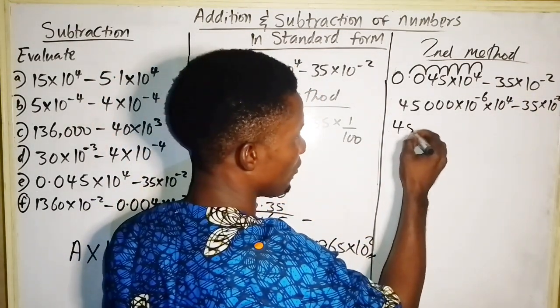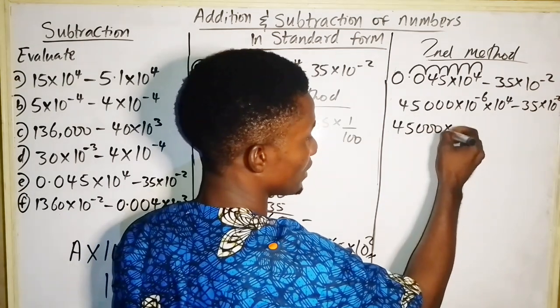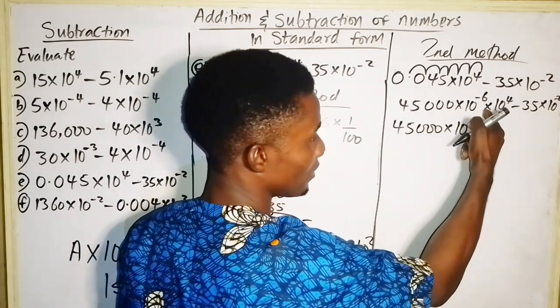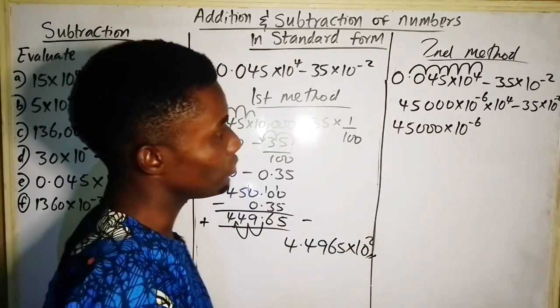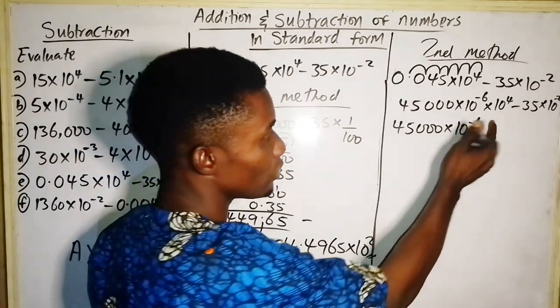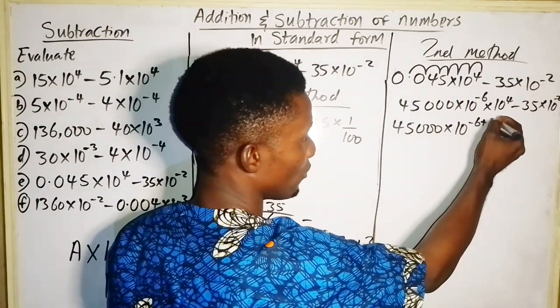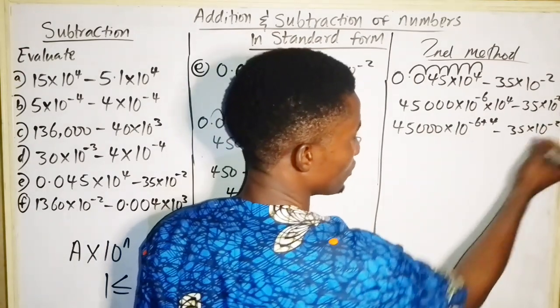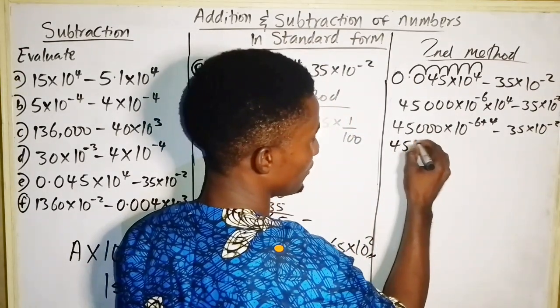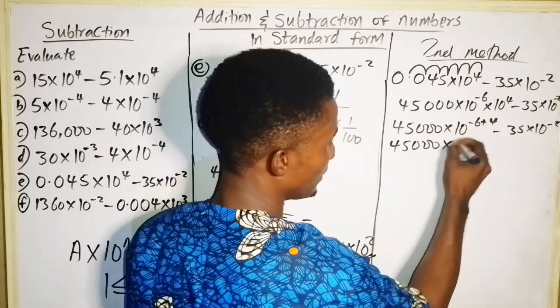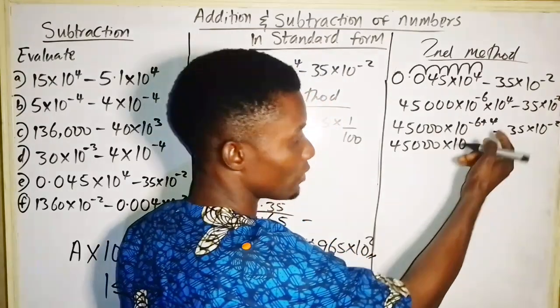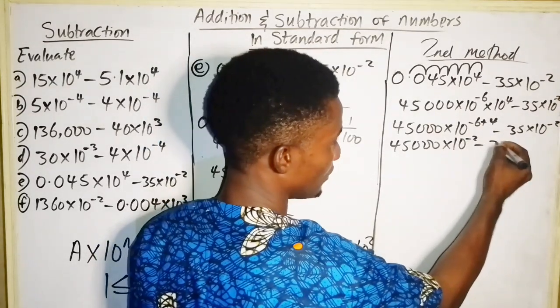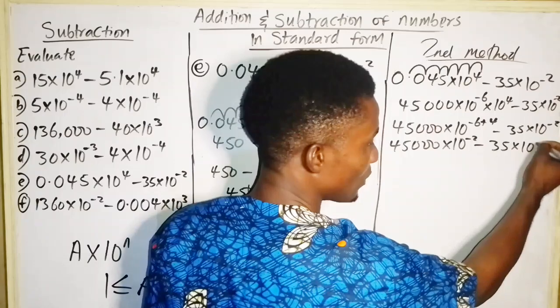So we have 45000 times 10 raised to the power minus 6. Let's apply our indices rule, that is the multiplication rule. So we're going to have plus 4 minus 35 times 10 raised to the power minus 2. So we have 45000 times 10 raised to the power minus 6 plus 4, which will give us minus 2, minus 35 times 10 raised to the power minus 2.